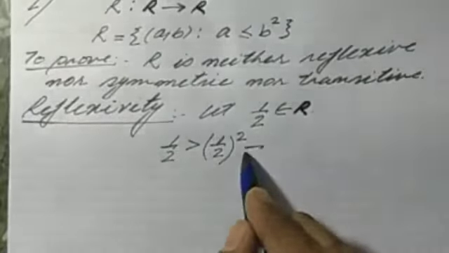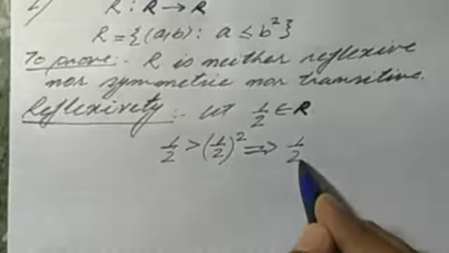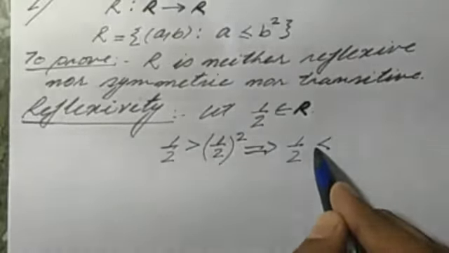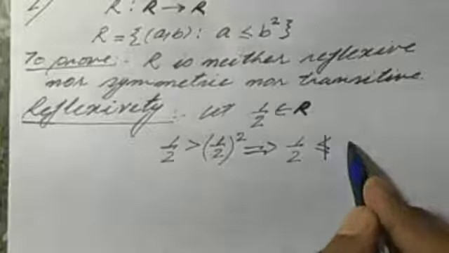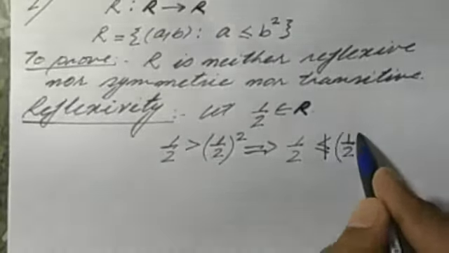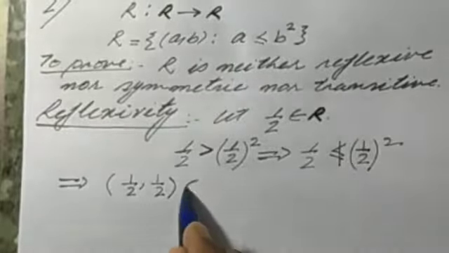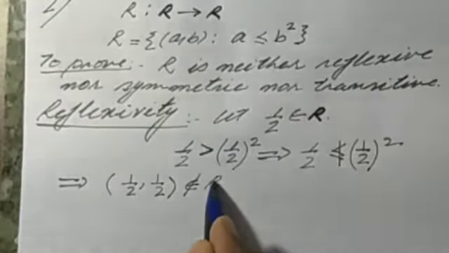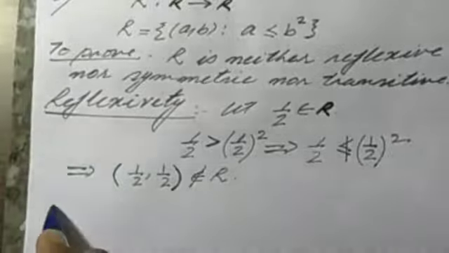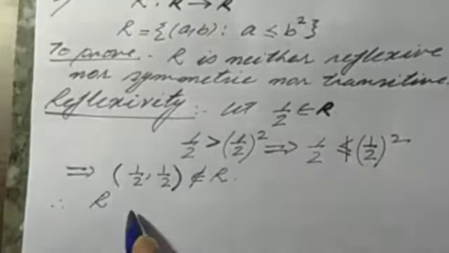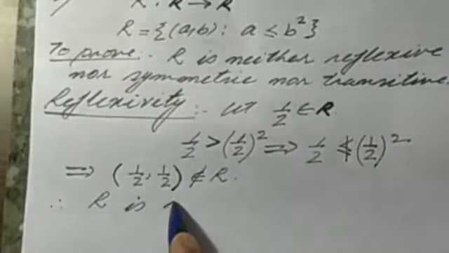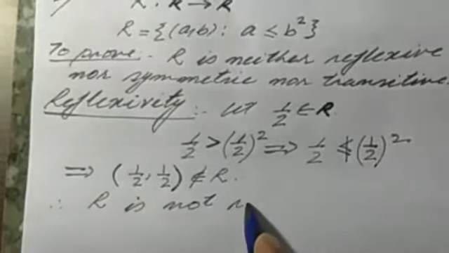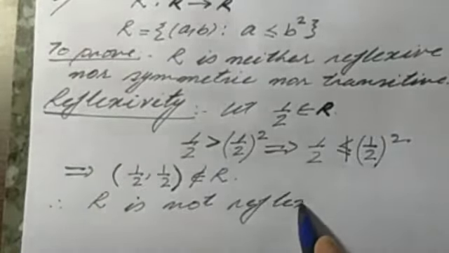So it implies that 1 upon 2 is not less than or equal to (1 upon 2) square. It implies that (1 upon 2, 1 upon 2) does not belong to relation R. So R is not reflexive.